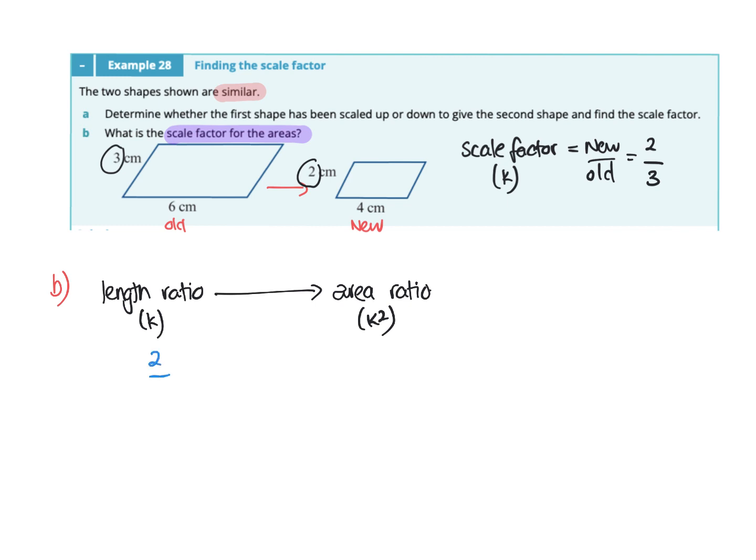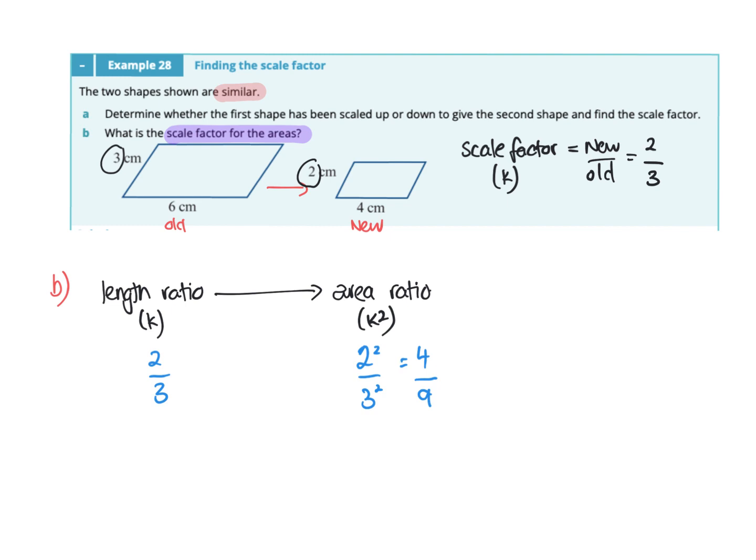It was 2 over 3. To get the area, all you have to do is square both numbers. What is 2 squared? 2 times 2 is 4. And what's 3 squared, which would be 3 times 3? 9. So the area of the new shape is 4/9 of the original.